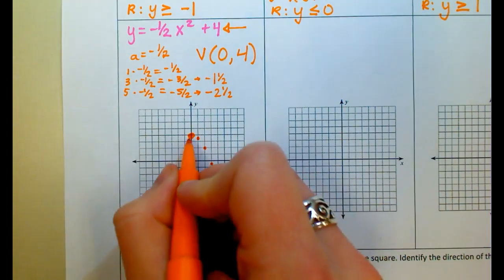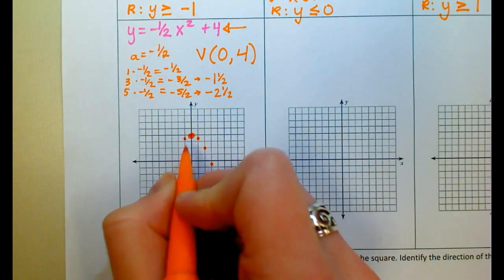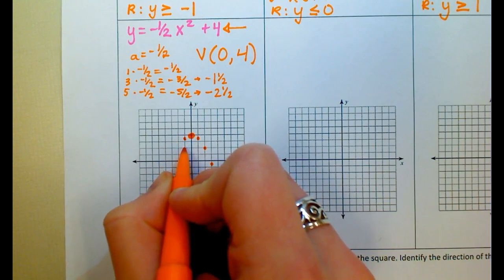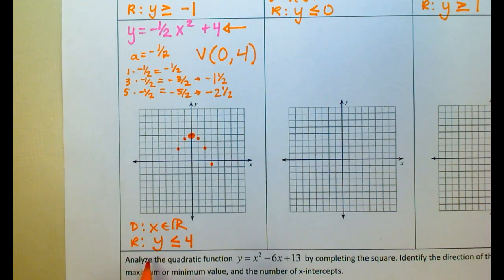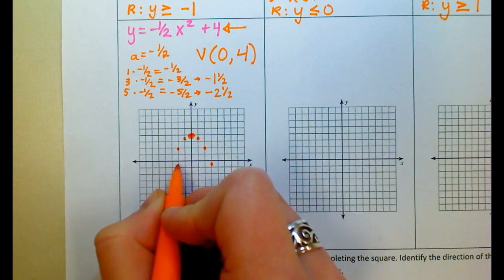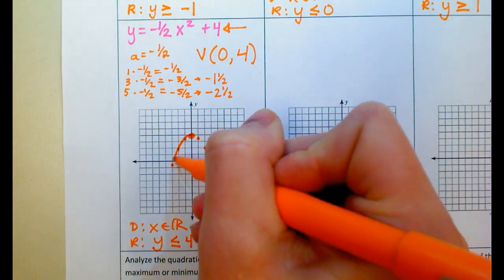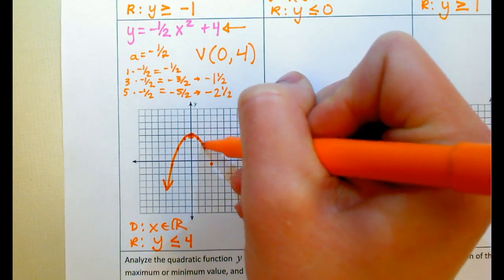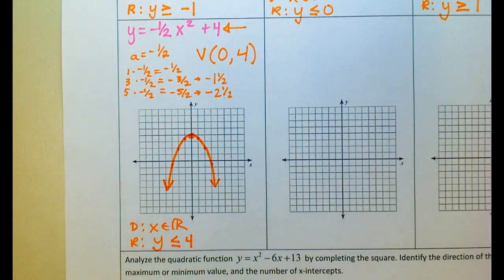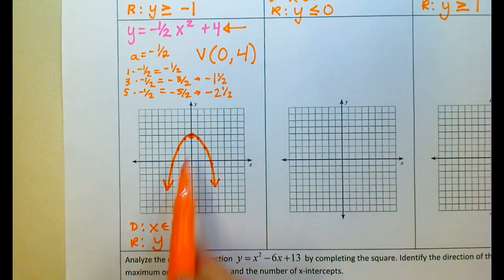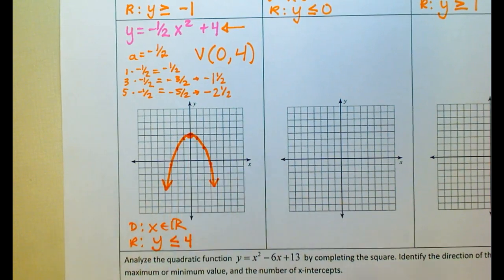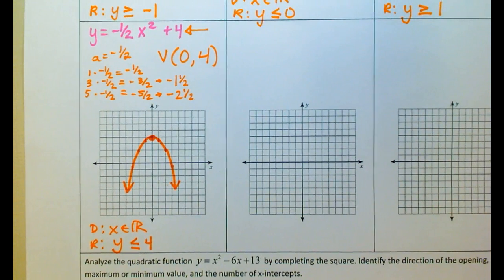On the other side, down 1/2 over 1, down 1.5 over 1, down 2.5 over 1. And then draw a smooth parabolic curve. Your quadratic: x is all in the reals, and the y values are less than or equal to my +4.